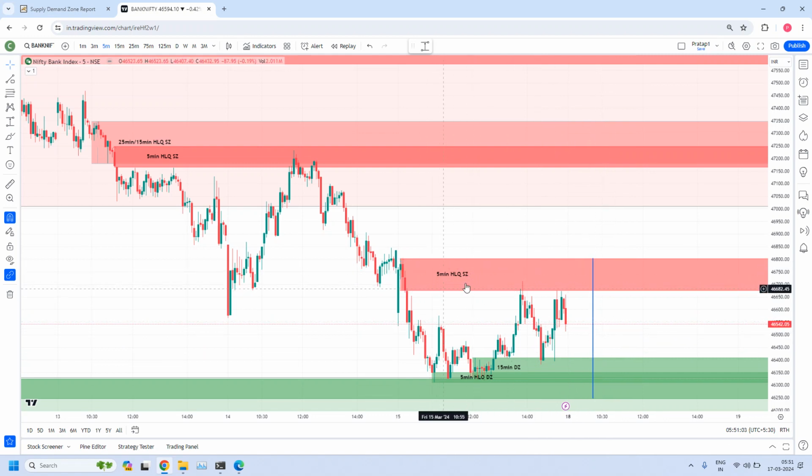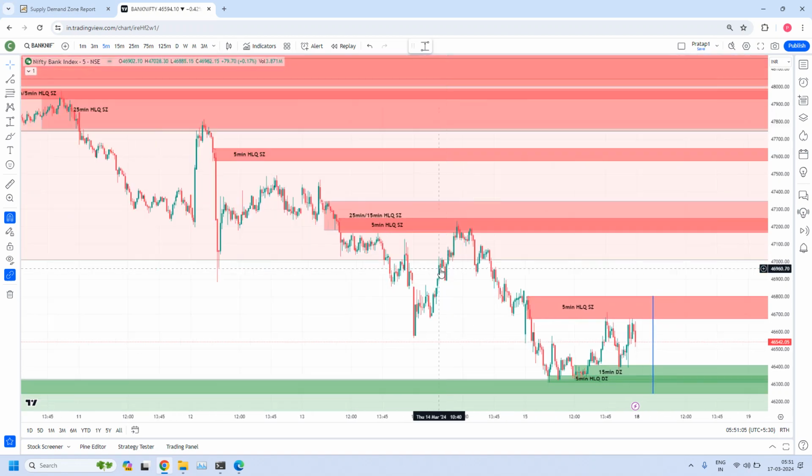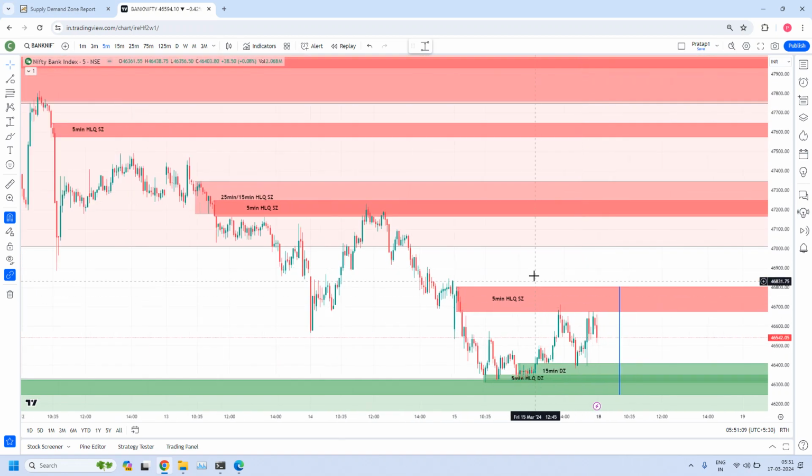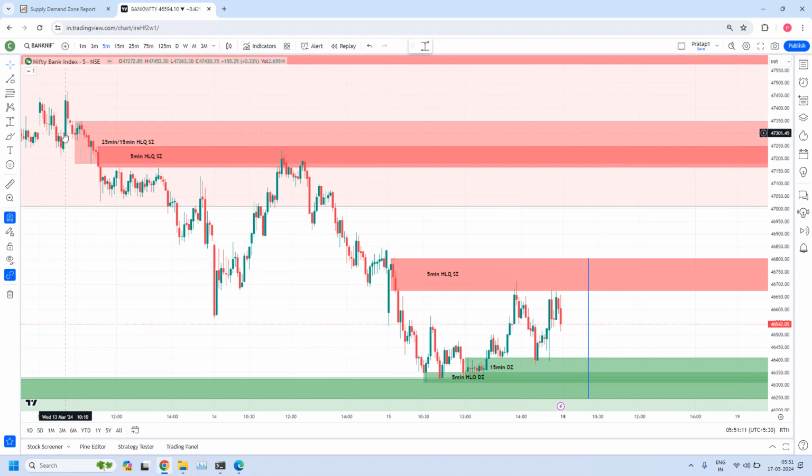Suppose one of these zones is violated. Let us assume if this 5-minute supply zone is violated, then probably our range could be like this.